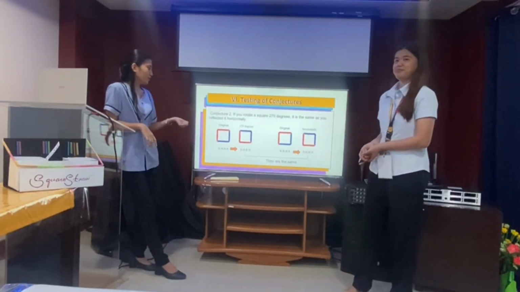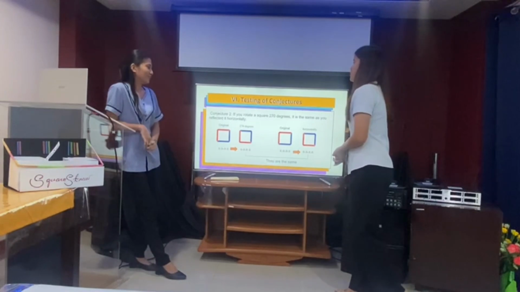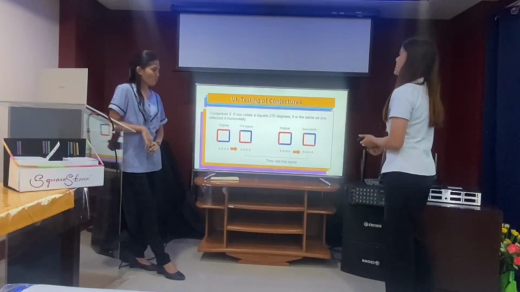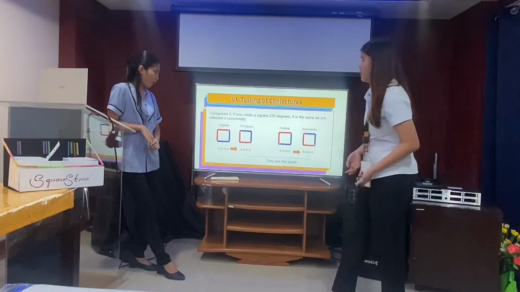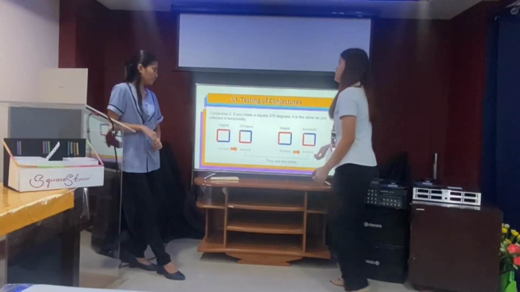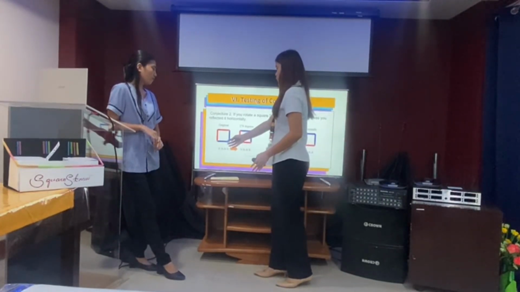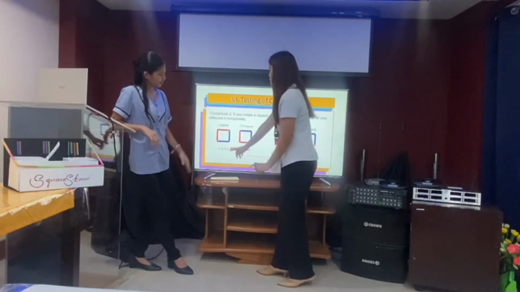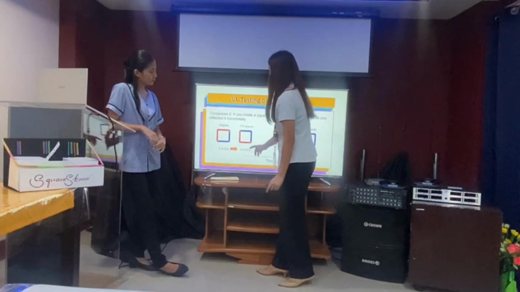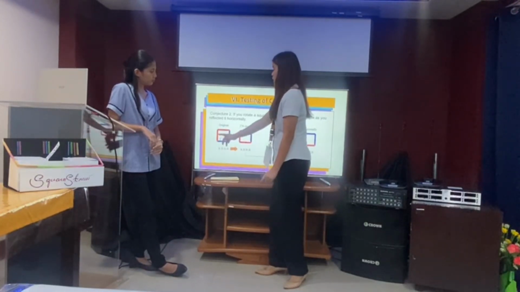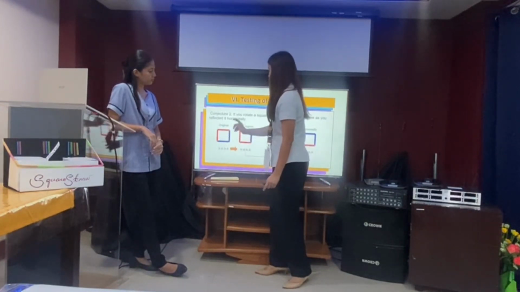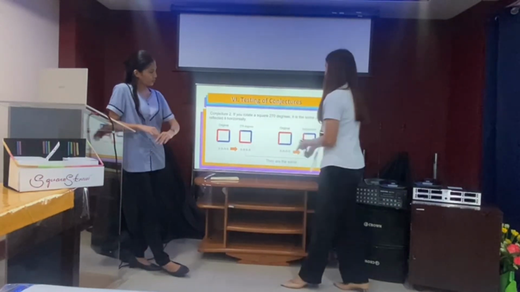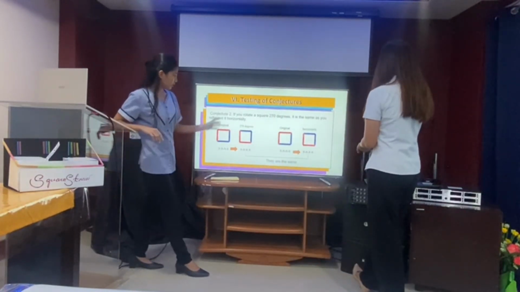For conjecture number 2, if you rotate the square 270 degrees, it is the same as if you reflected it horizontally. From this original square, when you rotate it 270 degrees, the combination becomes blue, blue, blue, red, red, red, blue, blue, red, blue, blue, red, blue, red, blue. From this original, it's the same as this.